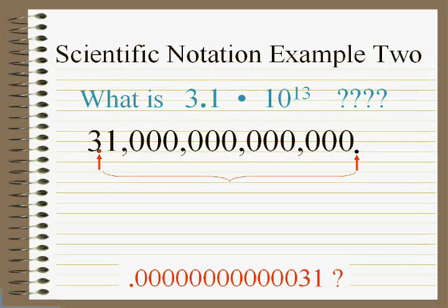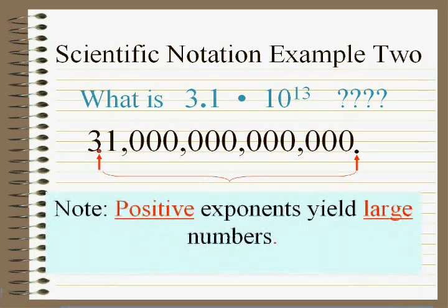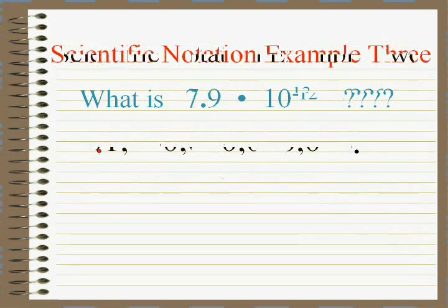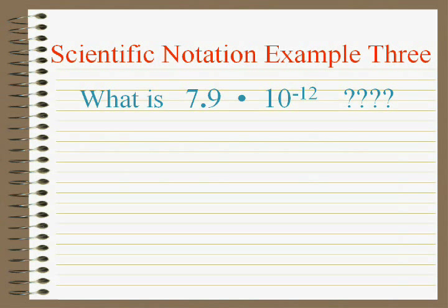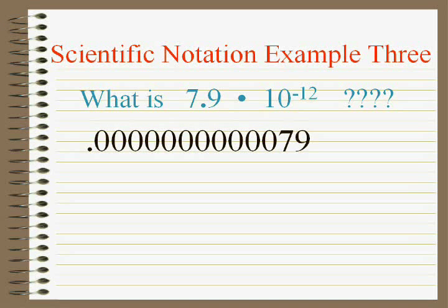It can't be that. While that is 13 places over, that's a very small number. And I want you to remember, don't remember lefts and rights. Remember that positive exponents yield very large numbers. Consequently, negative exponents are going to result in very small numbers. 7.9 times 10 to the minus 2 is a very small number.